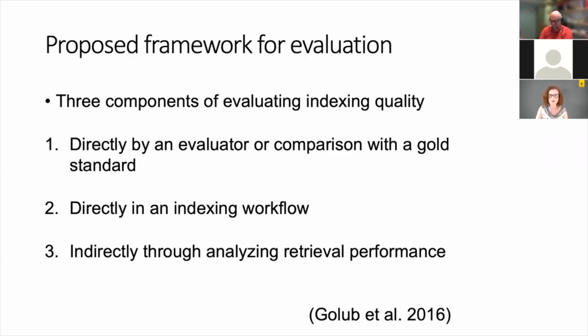Another step is to look at an indexing workflow, use semi-automatic indexing software, and see what kind of decisions are made and try to understand why. And finally, since the purpose of subject indexing is improved information retrieval, also analyze the results during retrieval. There is a lot more to say on this, and I'm happy to talk more about it during the discussion.